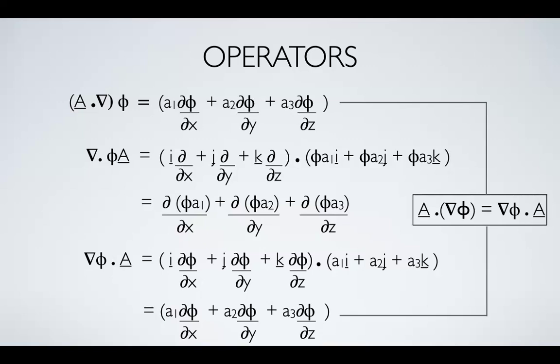Same. This is the same, but these are not equal, all right, because they're operating the multiplication of phi A1. That's going to be different, but this one is correct. All clear? Okay.